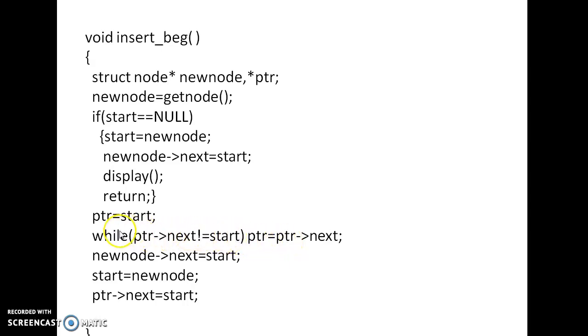Please see the mechanism: pointer equal to start, while pointer of next not equivalent to start, pointer equal to pointer of next. By using these two statements, we can go to the ending of the circular linked list. Previously in the single linked list, to go to the last one, we used to write pointer of next not equal to null. Now we are writing pointer of next not equivalent to start. So we have gone to the last one.